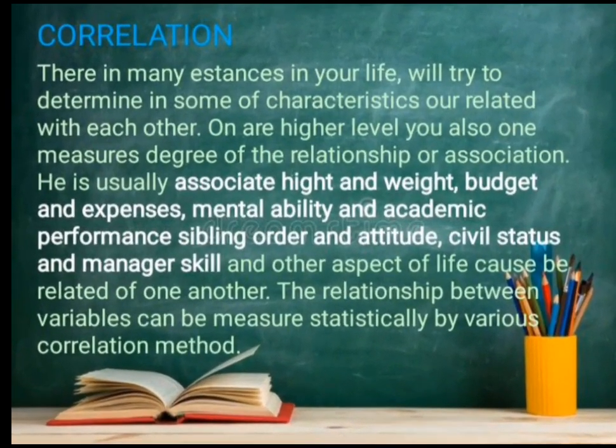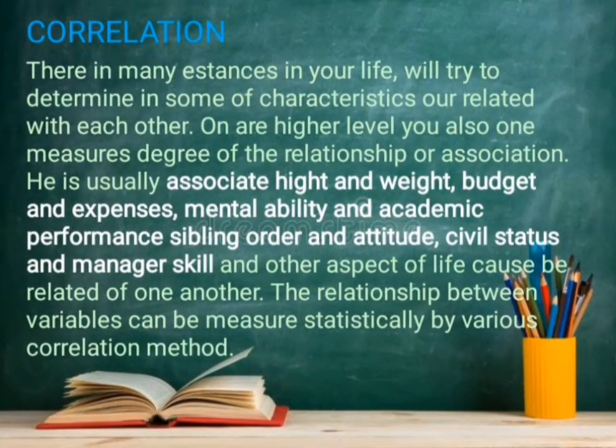There are many instances in your life where we will try to determine if some characteristics are related to each other. At a higher level, you also want to measure the degree of the relationship or association.